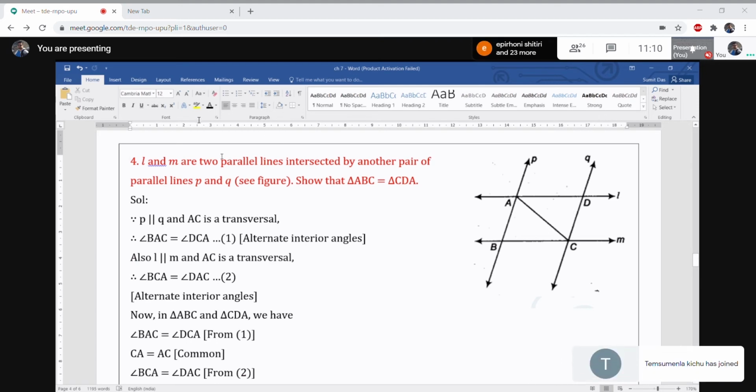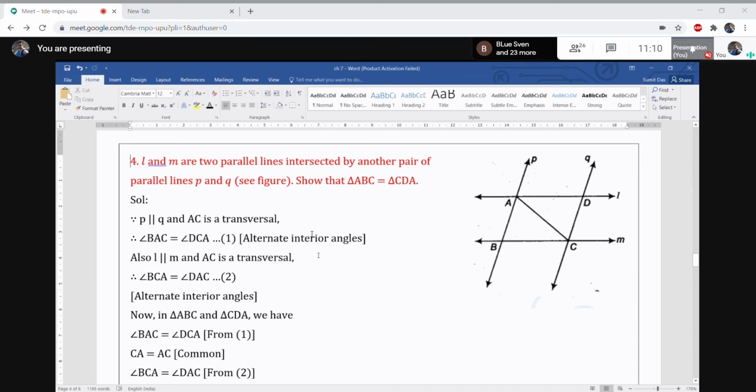Two parallel lines intersected by another pair of parallel lines. That is, L and M are parallel, and P and Q are also parallel lines. We have to prove ABC and CDA, these two are congruent.